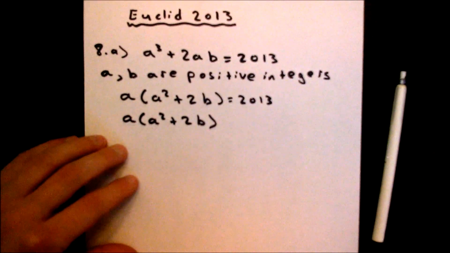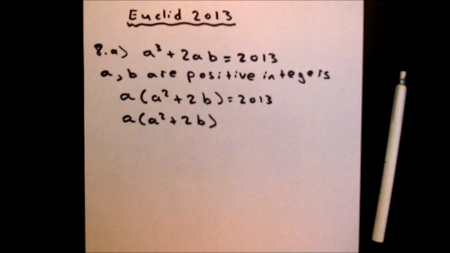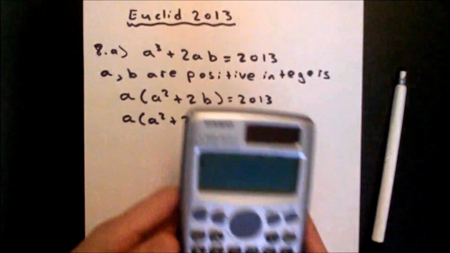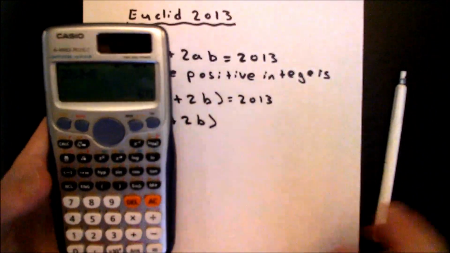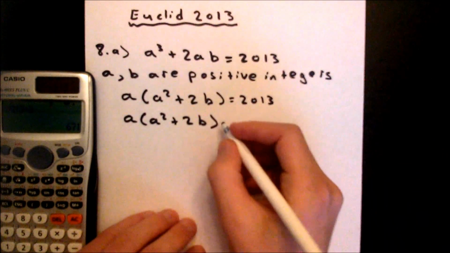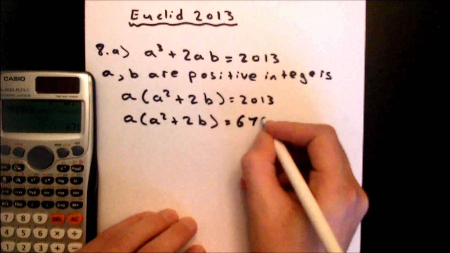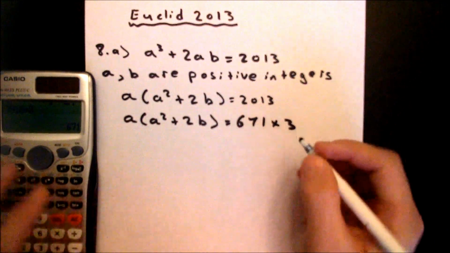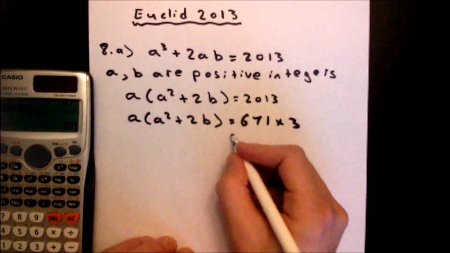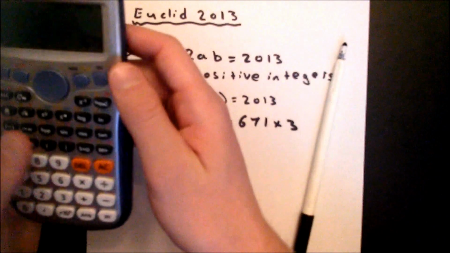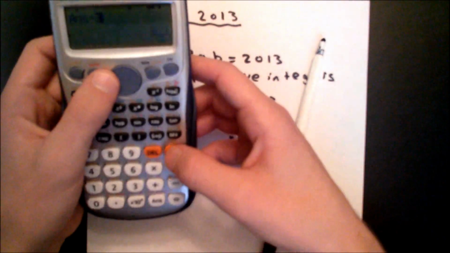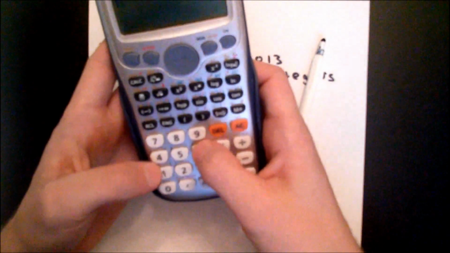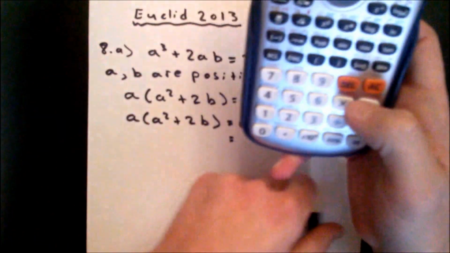So I know that 2013 is not an even number, so the first prime I'm going to try to divide it by is 3. 2013 divided by 3 gives me 671, so I can write that as 671 times 3. Let's see if I can break down 671 even more. It doesn't divide by 3, and it doesn't divide by 7.